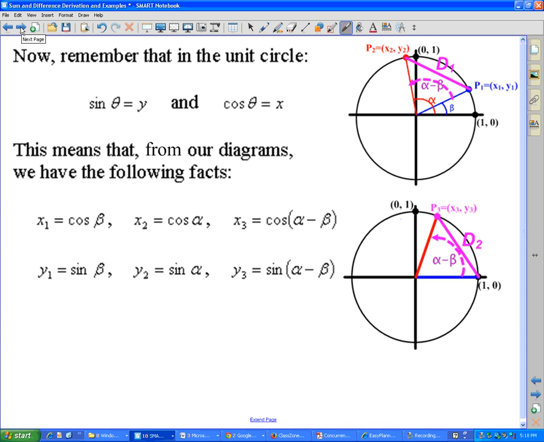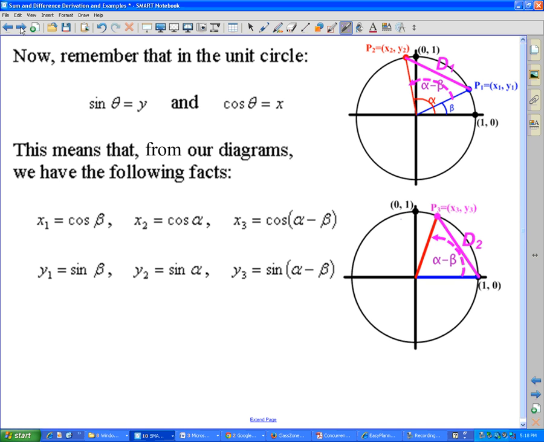Remember from Unit 1, when we were building all of our trig identities, when we were building the unit circle, we discovered that in the unit circle, y is equivalent to the sine of theta. The sine of theta is just the ratio of y. Technically, it was y over 1, opposite over hypotenuse, where the hypotenuse was 1, and the opposite side was the vertical leg of the triangle.